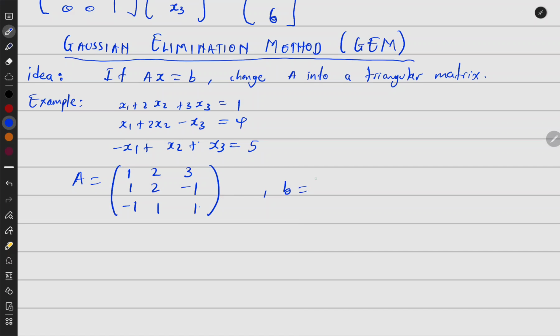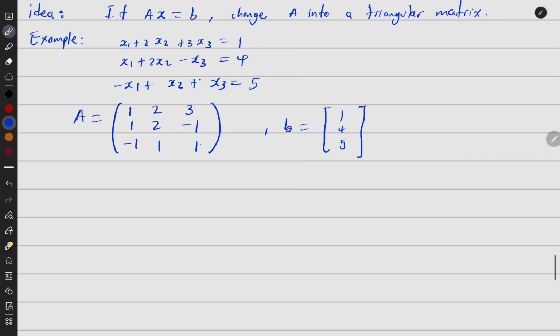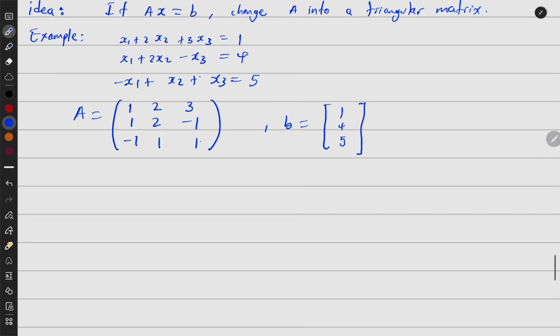B will also be changing, so my B is 1, 4, 5. I want to make these ones zeros.